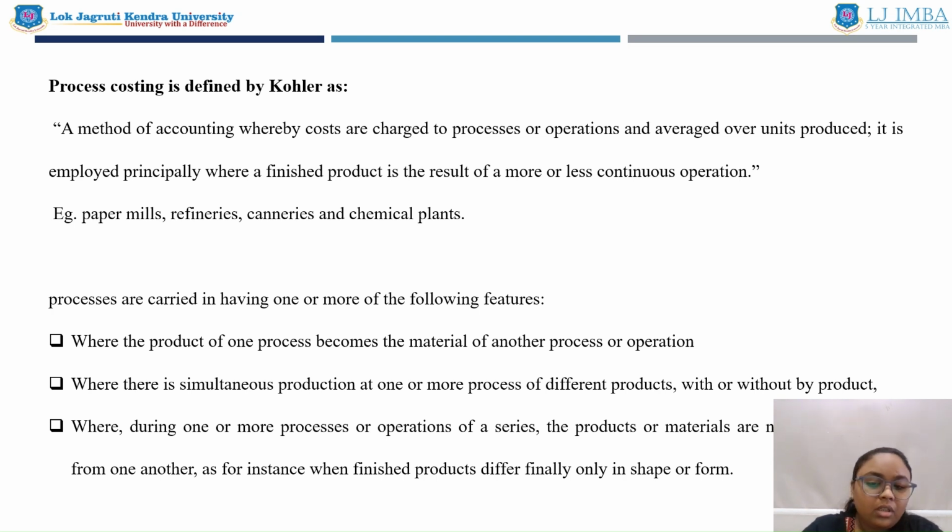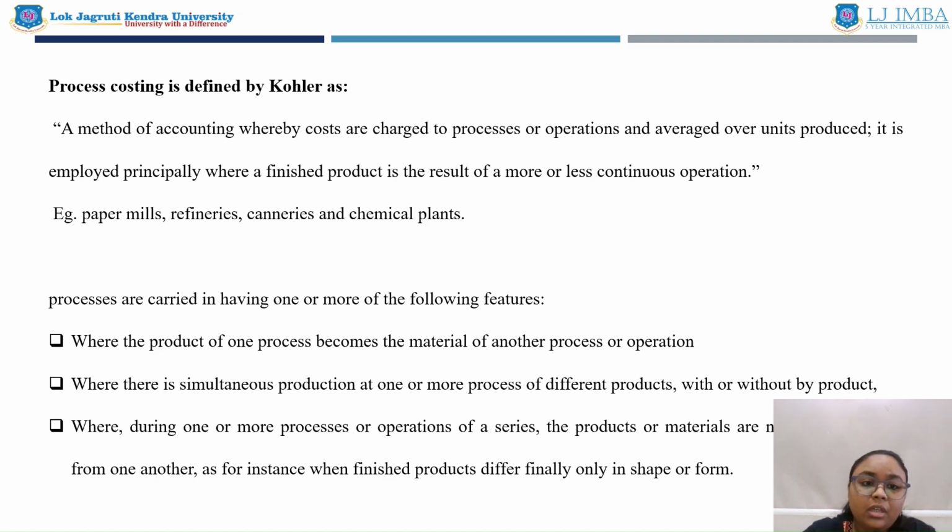There will be no change other than the shape or form of that product. Let's take an example of soap. In the market we can see different sizes of soaps: a small soap, a travelling soap, the regular size soap. There are various sizes available, so it can differ in shape or form.